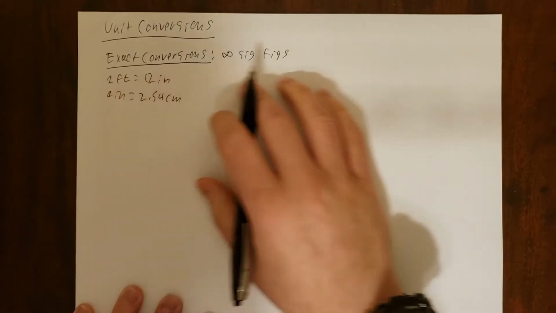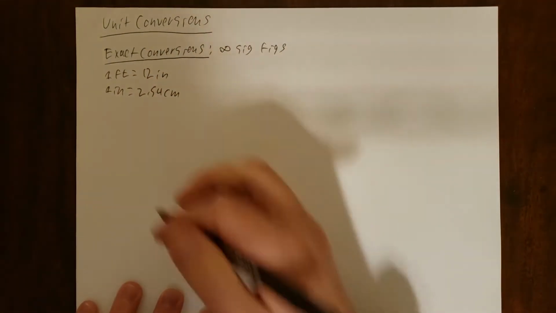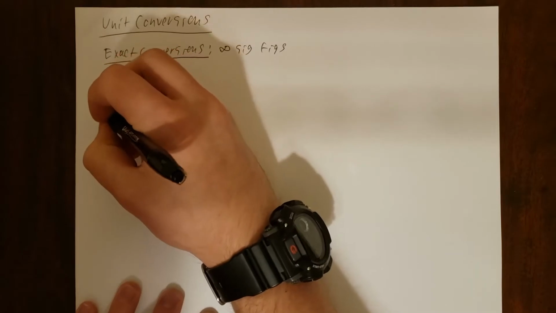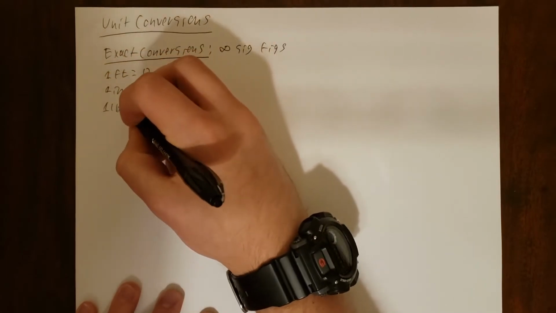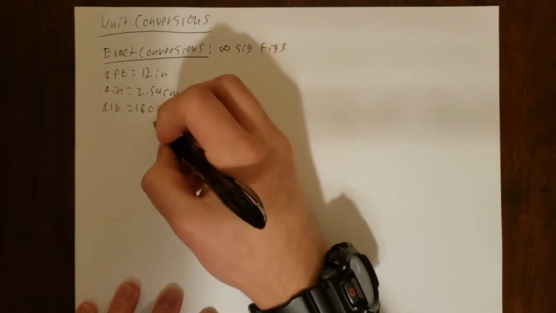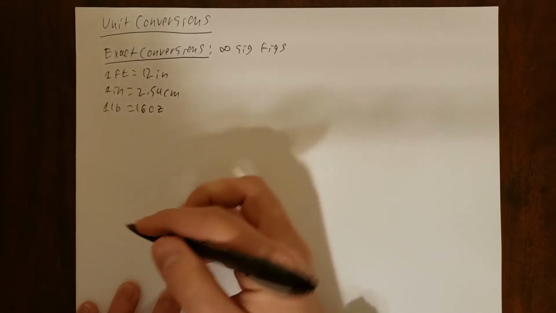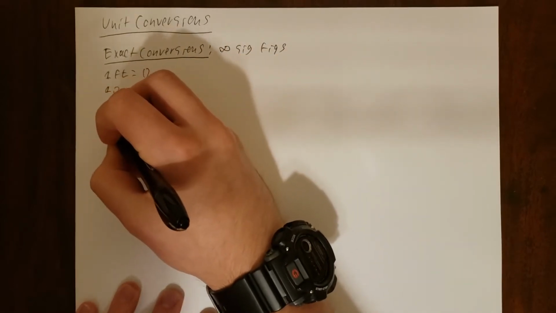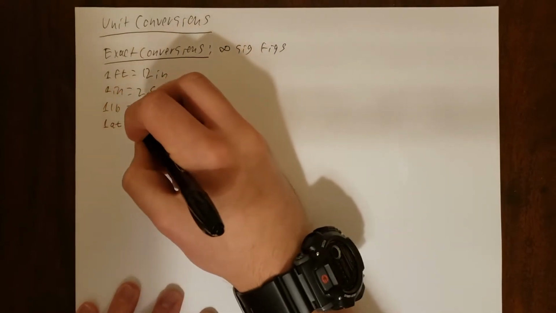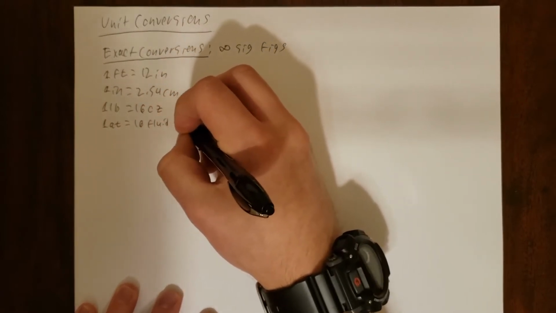So now I'm just going to write out the rest of them for the moment. We also have that 1 pound is equal to 16 ounces. By the way, I write all of my C's with the cross going through it, just for future reference. We have that 1 quart is equal to 16 fluid ounces.